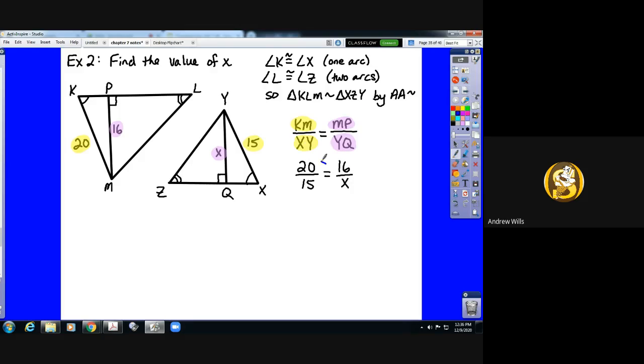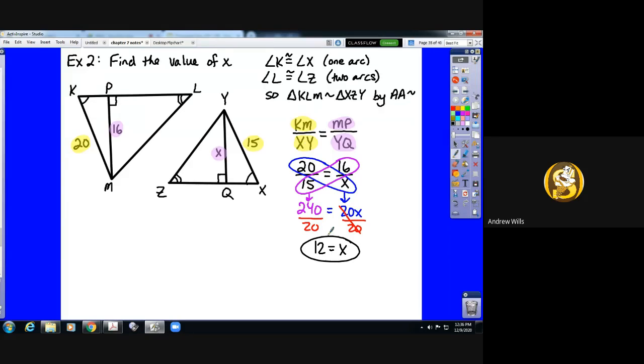We would cross multiply, which would be 20X and 240. And then we would divide each side by 20, which gives us 12 for X. Okay?